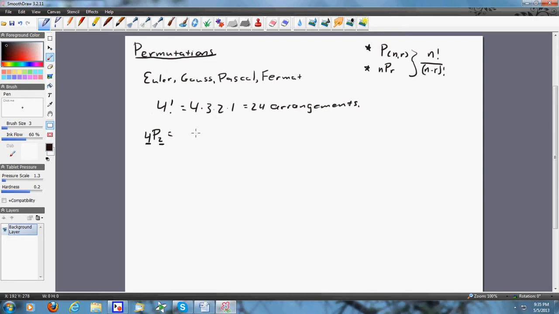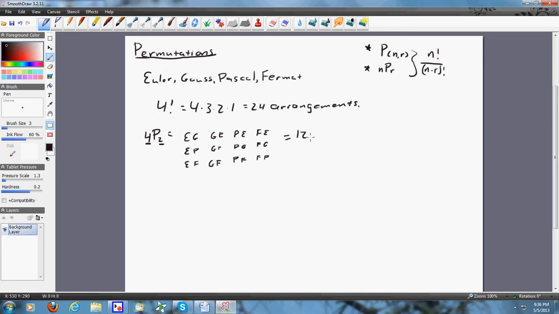And so you'd end up with Euler and Gauss, Euler and Pascal, Euler and Fermat, Gauss and Euler, Gauss and Pascal, Gauss and Fermat, Pascal and Euler, Pascal and Gauss, Pascal and Fermat, then Fermat and Euler, Fermat and Gauss, and Fermat and Pascal, which is 1, 2, 3, 1, 2, 3, 4, which is 12.